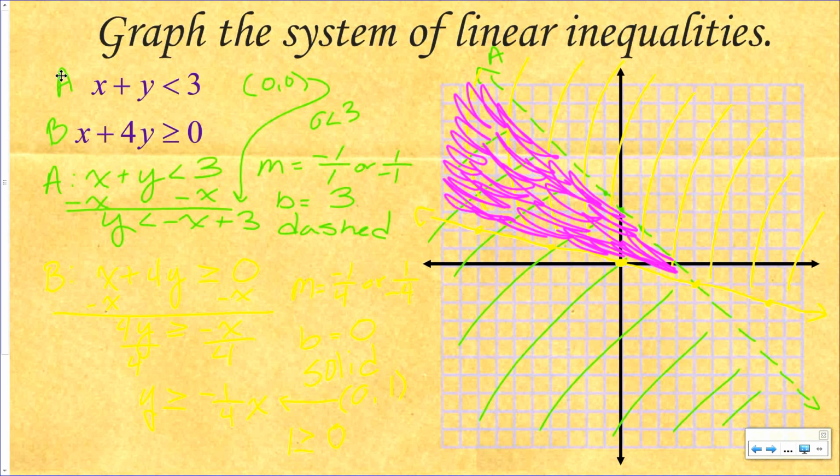Because here is none of the answers. See, there's no yellow or green. So any points in here will be false for both of those. Any points in here will only be true for the green one. Any points in here will only be true for the yellow one. And only the points in here will be true for both of them. Does that work? Yes, honey.